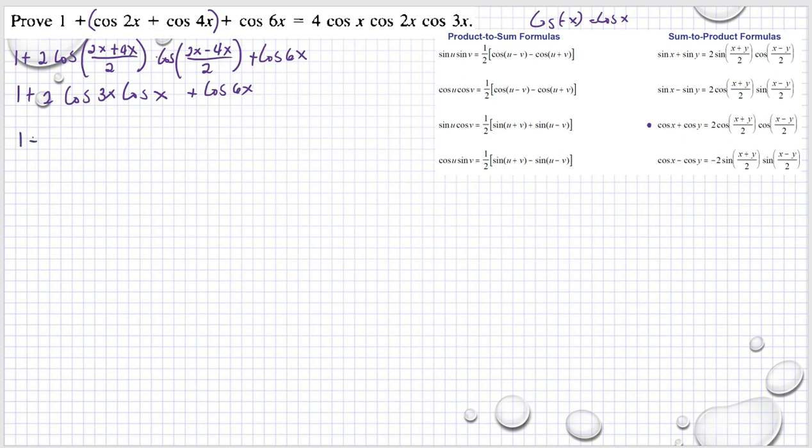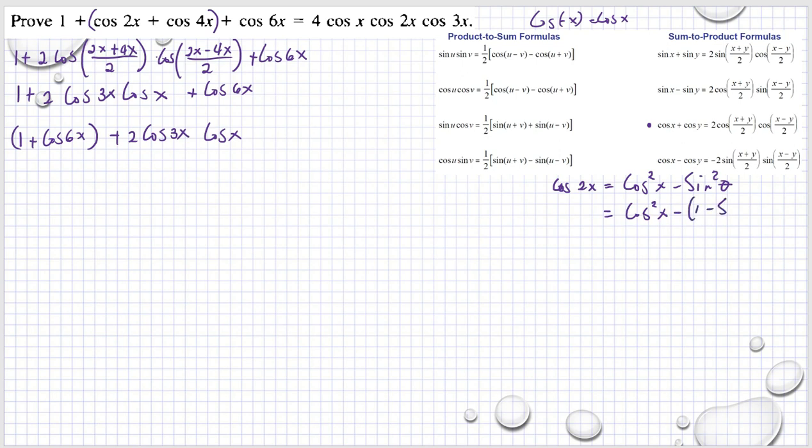So if we group 1 plus cosine 6x together, and then plus 2 cosine 3x cosine x. And we know that cosine 2x is equal to cosine squared x minus sine squared x, or we have cosine squared x minus, because we need cosine, so 1 minus cosine squared x.